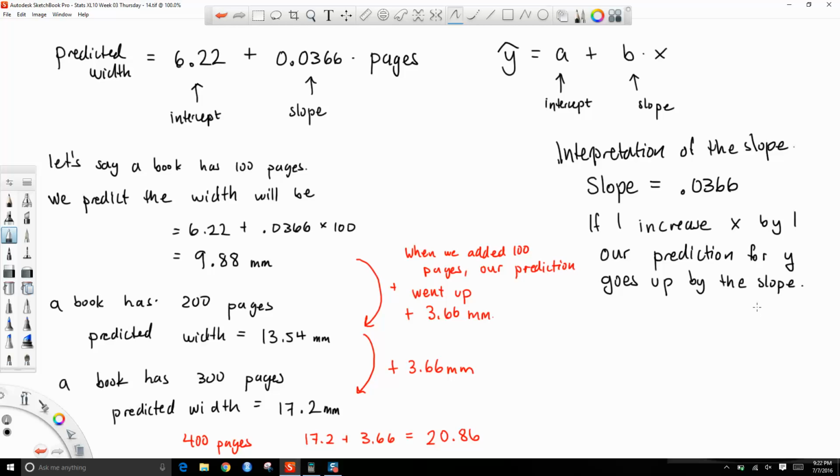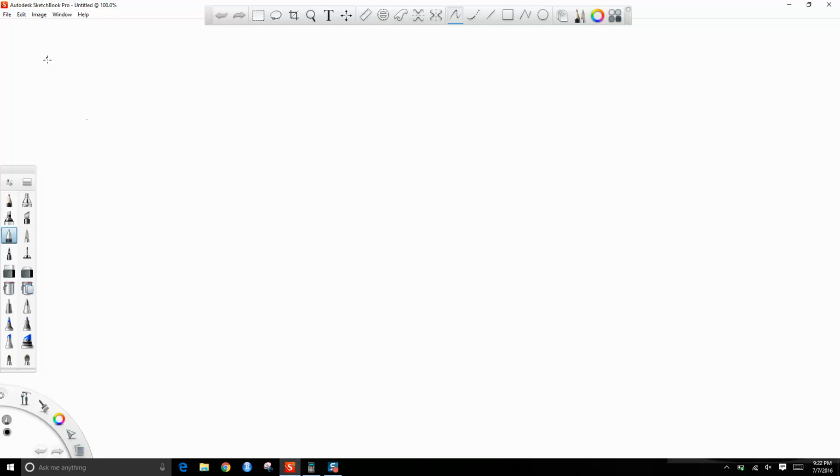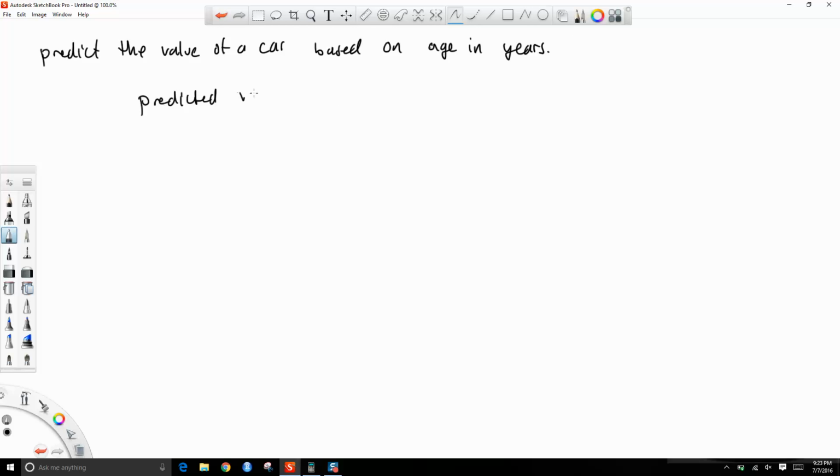Okay, so here's another example. Here we're going to try to predict the value of a car based on its age in years. In this case we have predicted value is equal to 21375 minus 1215 times age.